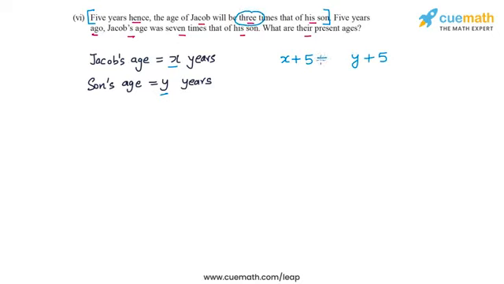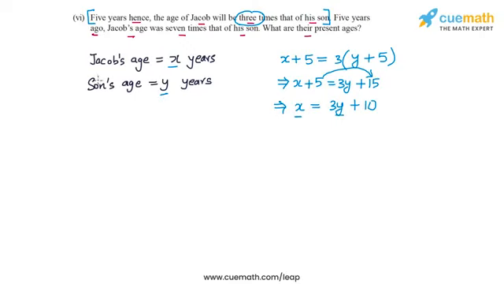So x plus 5 should be equal to 3 times (y plus 5), and this gives us our first linear equation in x and y. So let's write it in the standard form. So we have x plus 5 is equal to 3y plus 15, and let me write this as x equal to 3y plus 10. So basically I've taken this 5 on the right side and subtracted it from 15. So this is the first equation in x and y.